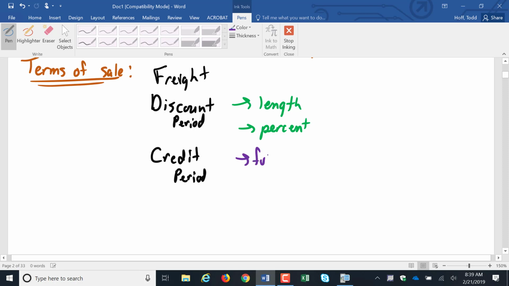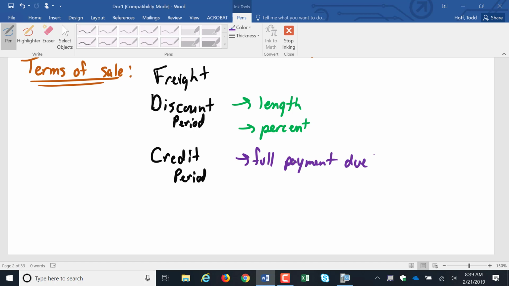Full payment is due by the end of that credit period. If you haven't made the full payment by the end of that credit period, most invoices and sales contracts will include that interest gets charged after that point. You're going to pay extra if you don't have it paid up by that point.